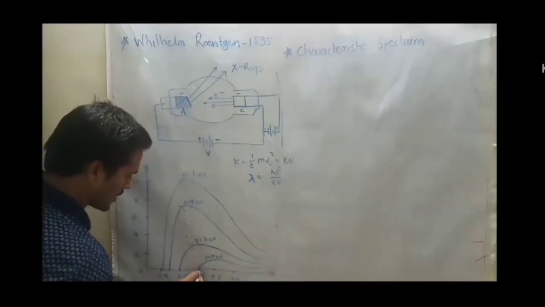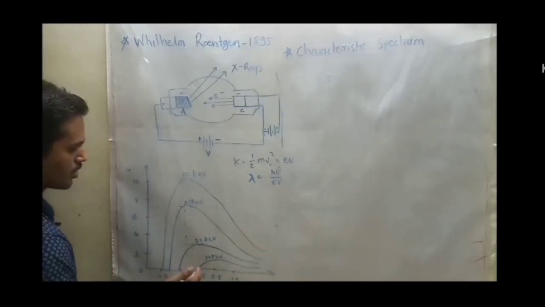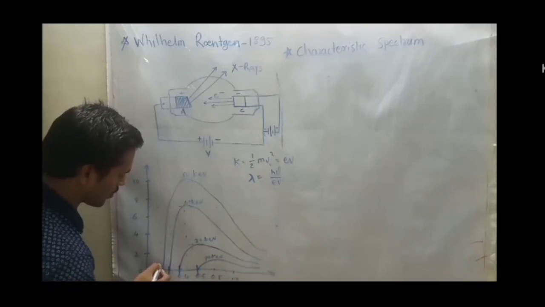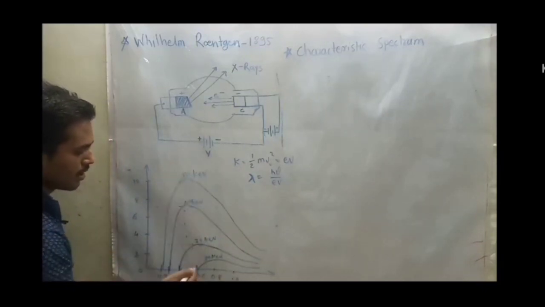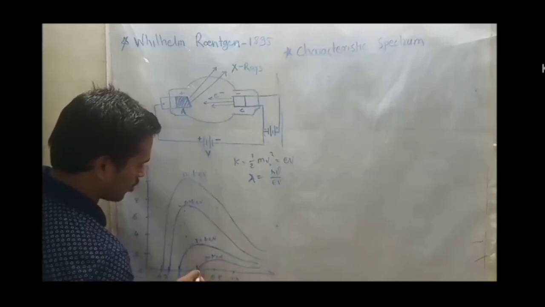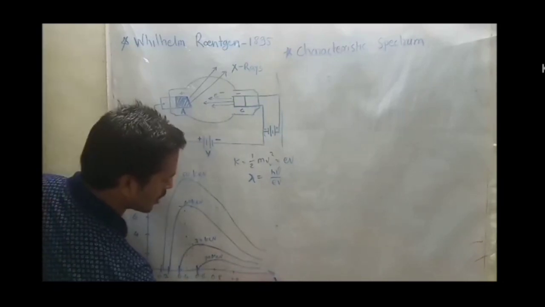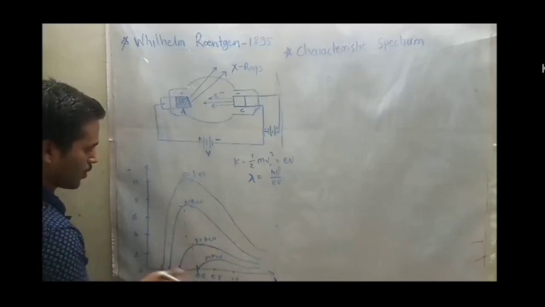Here a second thing we can also observe is that there is a cutoff value for different potentials. For 20 kilo electron volt, this is the cutoff value for the wavelength.